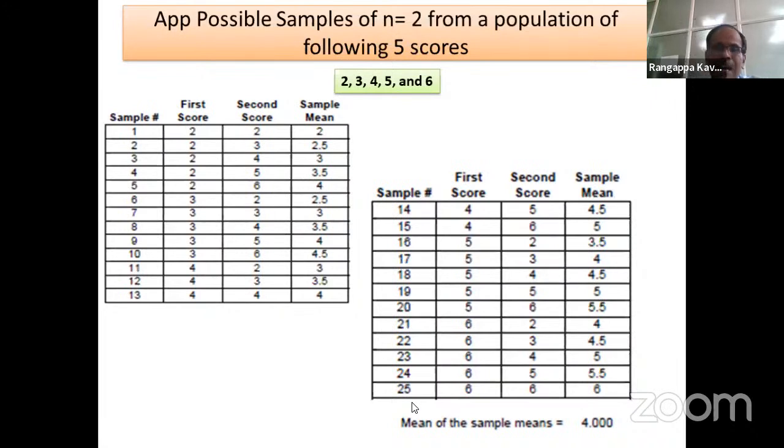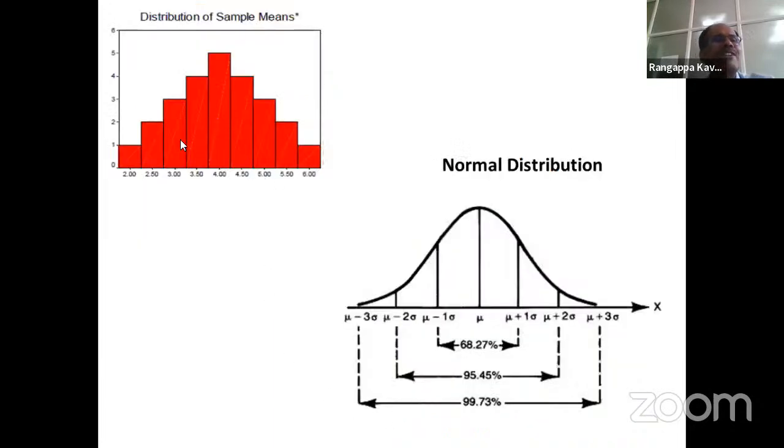If we put the sample means on this graph, we get a frequency distribution like this. You can observe here, in the first sample the mean was 2, in the second the sample mean was 2.5, like that. If we take random samples from a population, the sample statistics will follow a normal distribution like this.